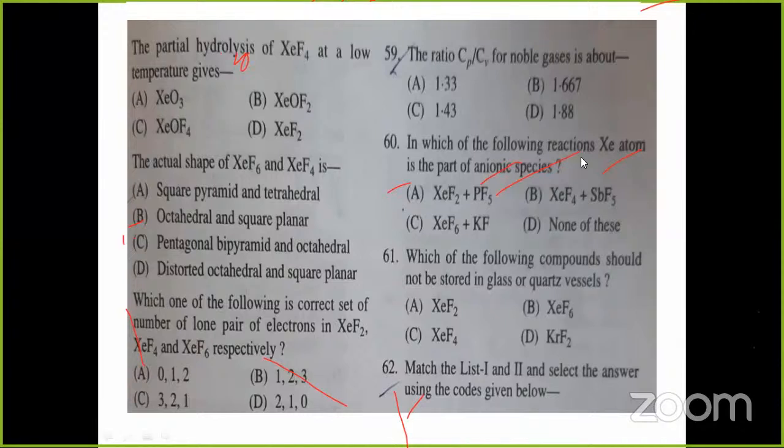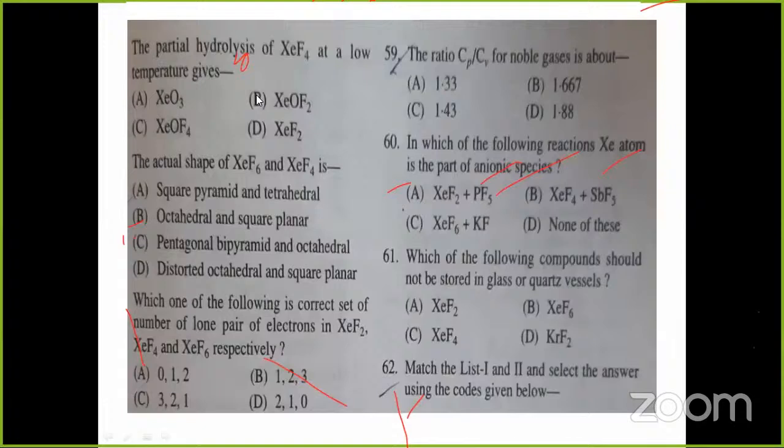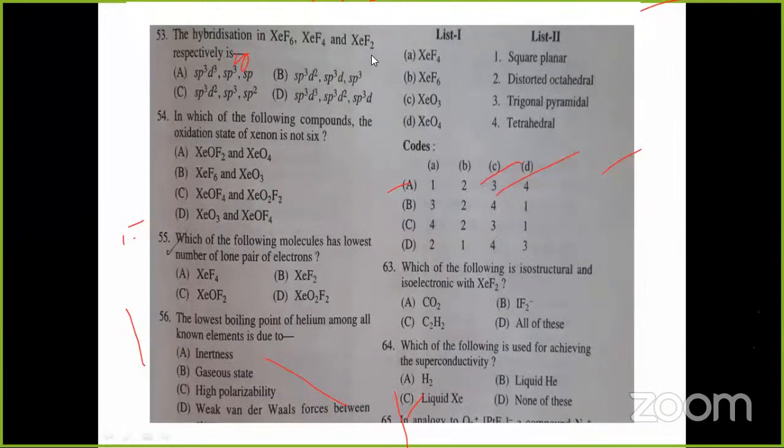And in which of the following reactions is xenon part of an anionic species? So these are the model questions, and you see the hybridization of xenon in F2, F4, F6 respectively, and in which of the following compounds the oxidation state of xenon is not 6.